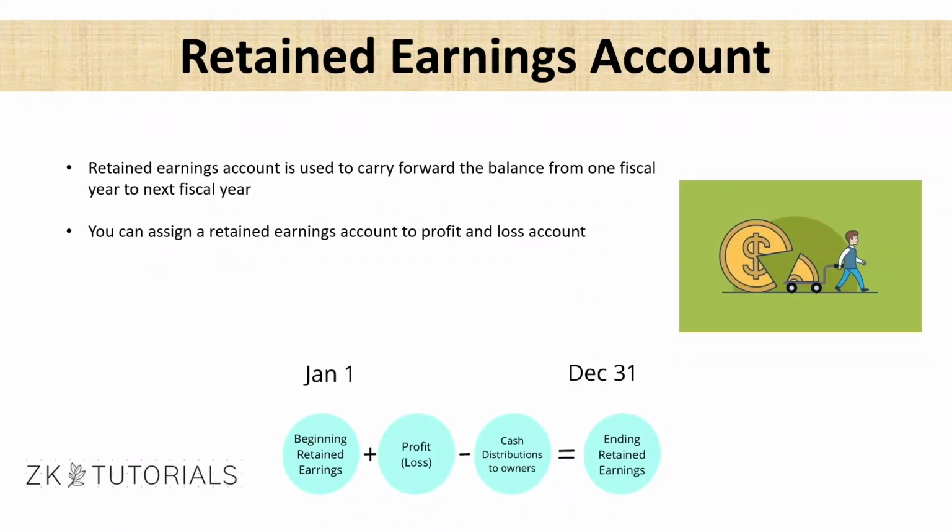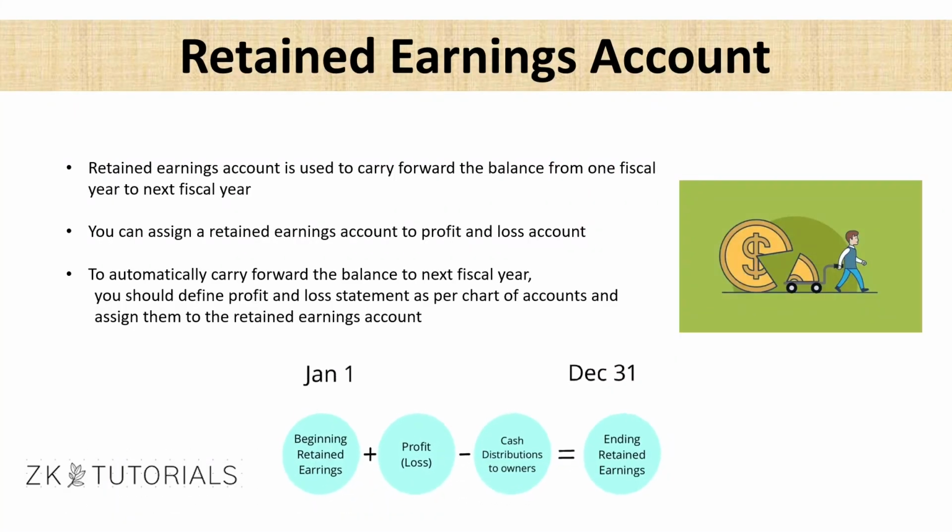So if we see here, the beginning retained earnings account, suppose let us say 100 rupees we have brought forward, plus we have earned 200 rupees profit. So now the balance will be 100 from beginning retained earnings plus 200 from the profit. So 300 minus, suppose let us say 80 rupees we have distributed to the owners.